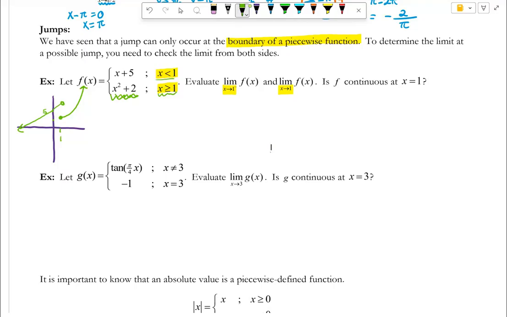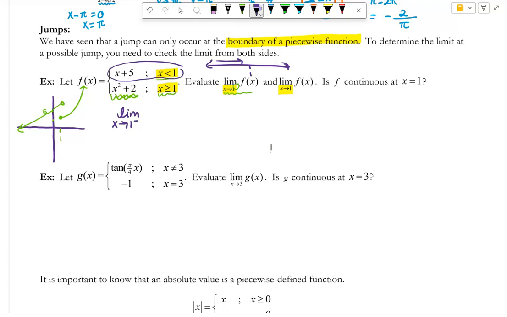All right, so the first thing is we're asked to evaluate the limit of f as x approaches 1 from the left. And again, it's that little negative symbol that tells us we're coming from the left. Because we were able to draw this graph, we kind of know visually what we're expecting to see there. But if I'm evaluating this limit, I just want to make sure to use the correct piece from my piecewise function. So if I'm approaching the number 1 from the left, I'm approaching 1 from numbers that are less than 1.